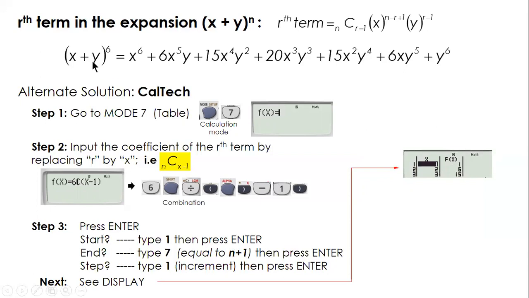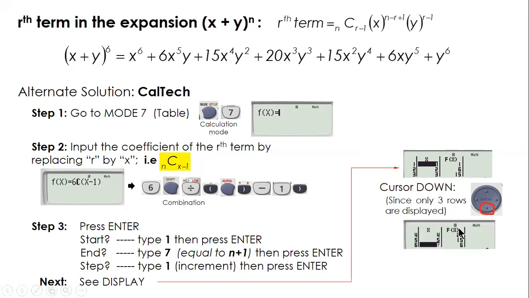Okay. 1. Second term, you have 6. Third term, you have 15. Now, you press cursor down, because the screen will only display 3 rows. So you press this one. And then fourth term, you have 20. Fifth term, you have 15. Sixth term, you have 6.